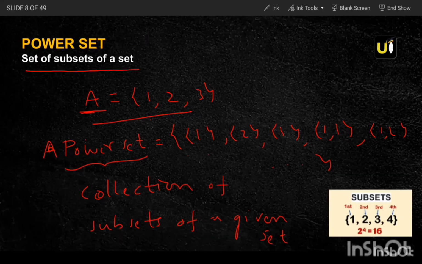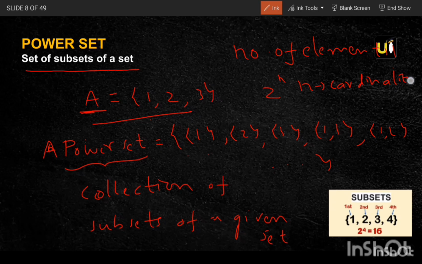So how to find the number of elements in a power set for a given set? What is the formula for the number of elements? 2 power n, where n is the cardinality of the given set.